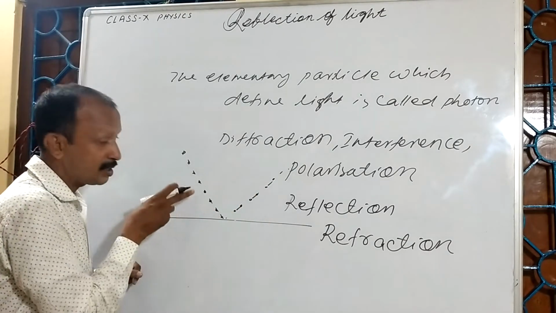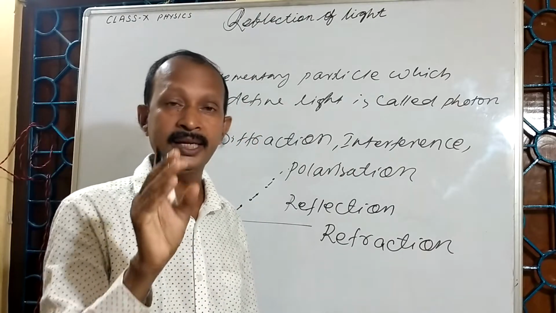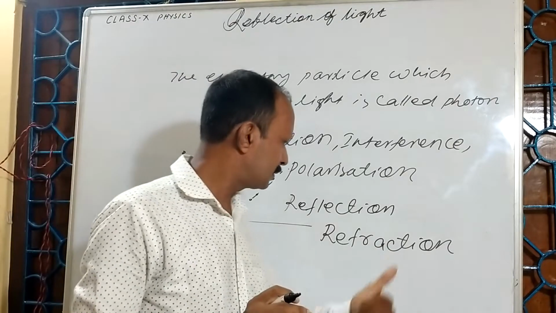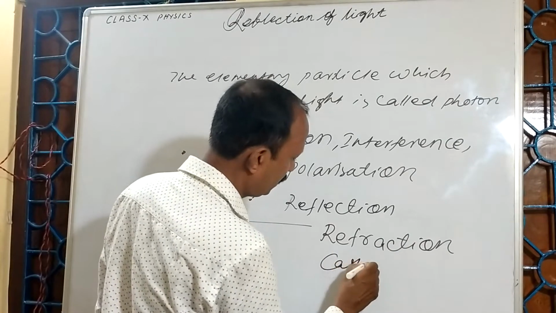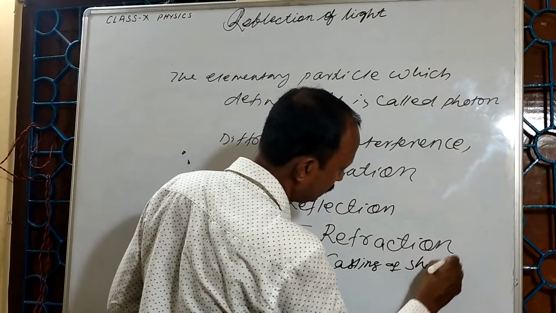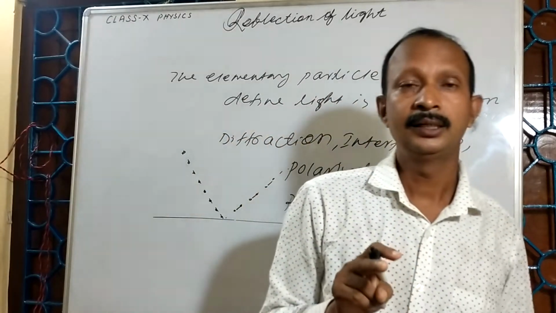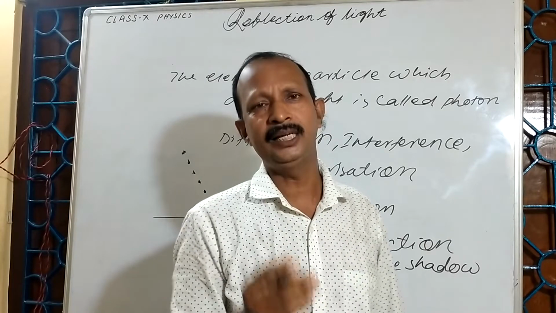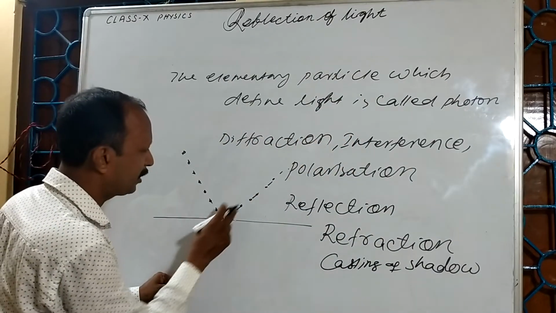So here the balls are compared with the particles. So we can understand reflection, refraction, or the casting of shadow if we consider light's particle nature, that means how the particles are hitting and coming back.